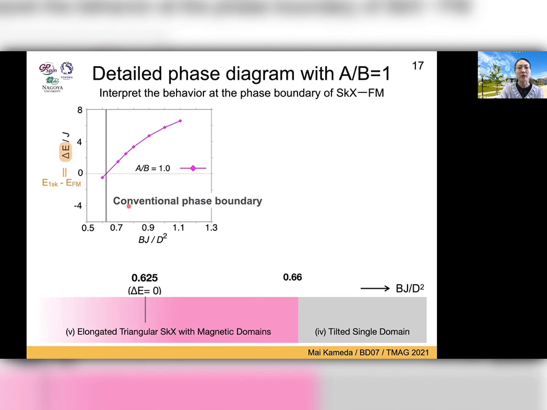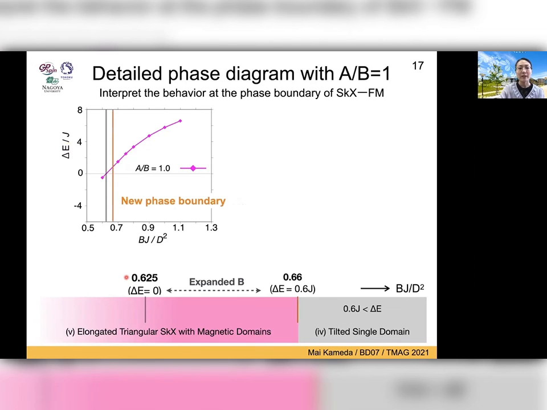Usually, the zero point of this graph corresponds to the phase boundary. In this case, this value is 4.625. But we already know that the SKX is stabilized at a larger field than this value, up to 0.66.